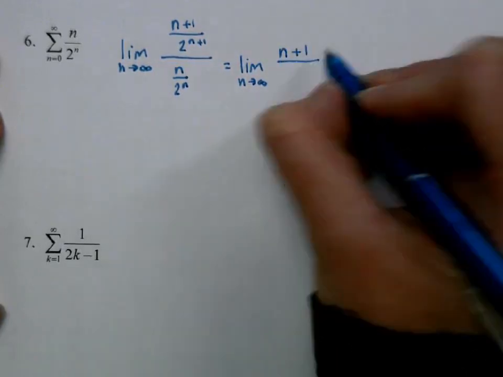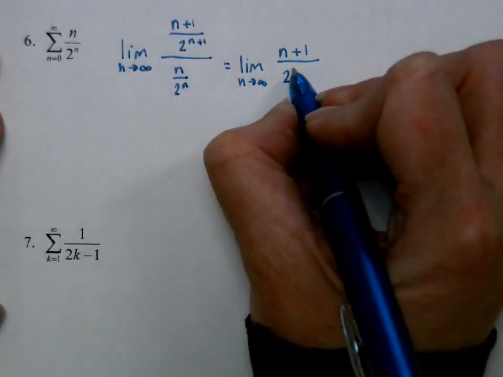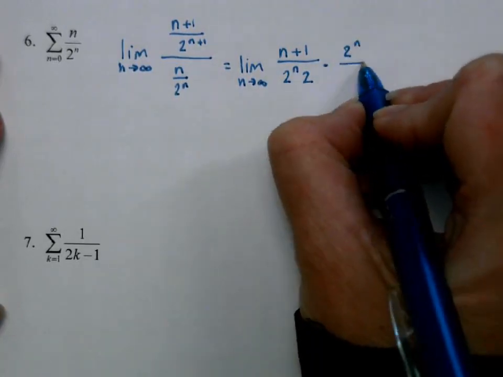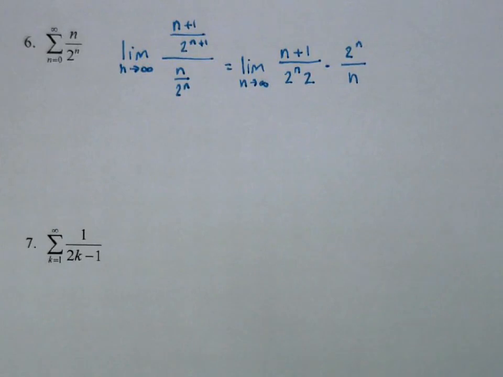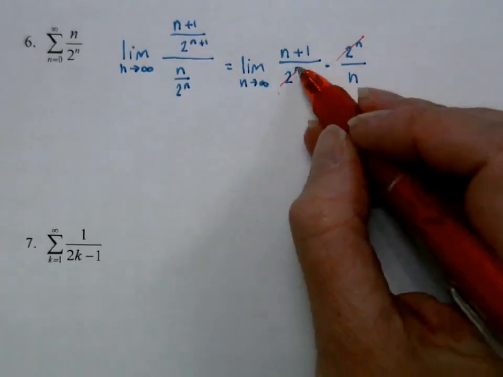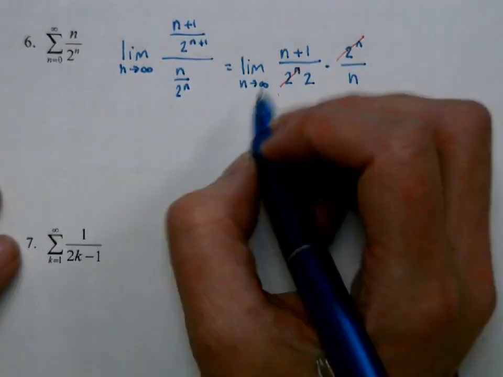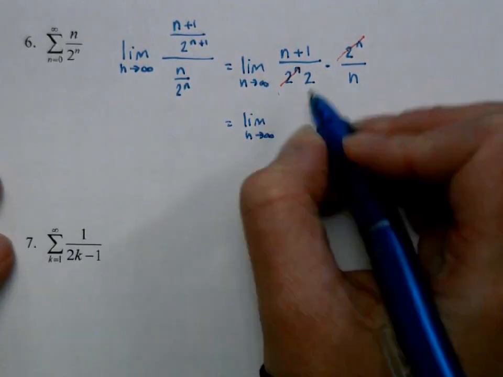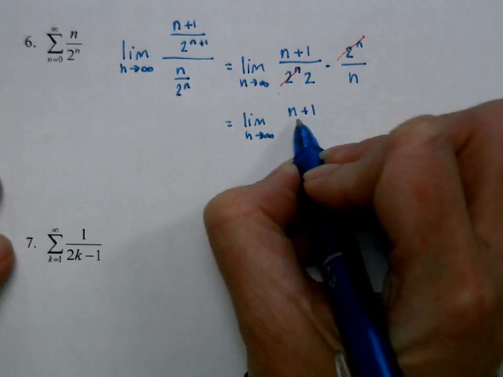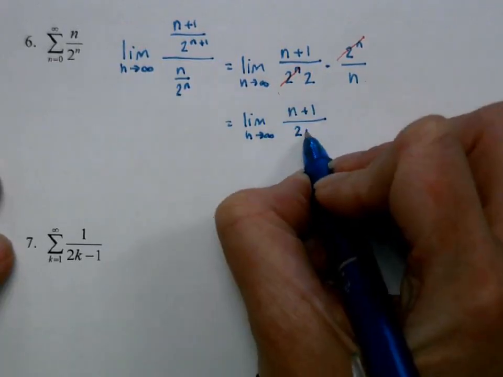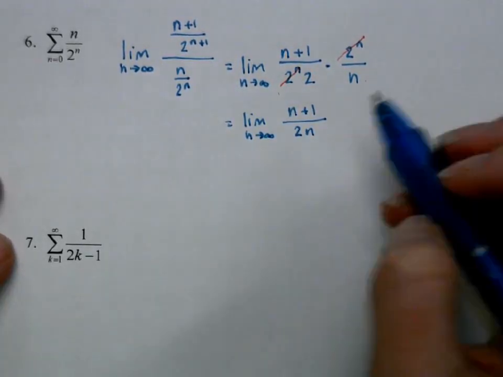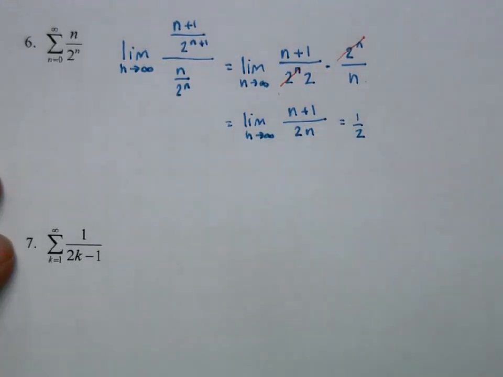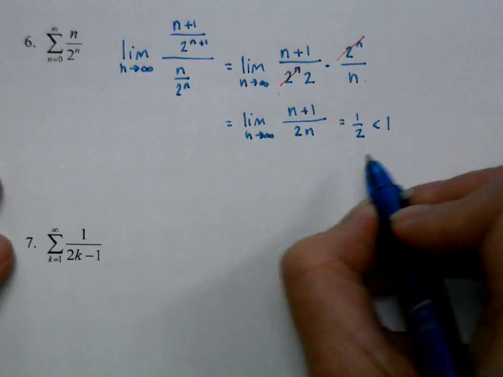In the denominator, I'm going to rewrite that as 2 to the n times 2, and multiply by the reciprocal. The only thing that cancels is the 2 to the n's, but that's okay, because it gives me something we know how to take the limit of. n plus 1 on the top, 2n on the bottom. Same degree on the top and the bottom, so this limit goes to 1/2, which is less than 1, so this series converges.